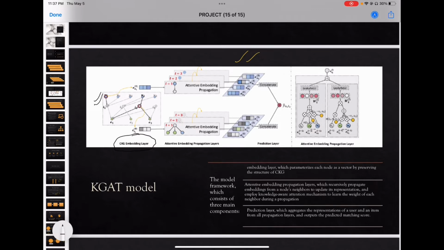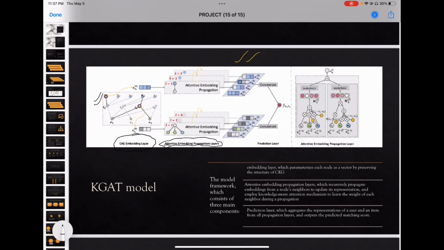The next one is the attentive embedding propagation layers, which recursively propagates embeddings from a node's neighbor to update its representation and employ knowledge-aware attention mechanism to learn the weight of each neighbor during a propagation.